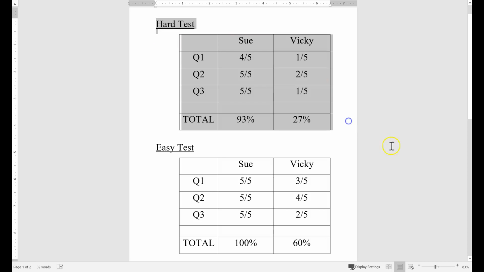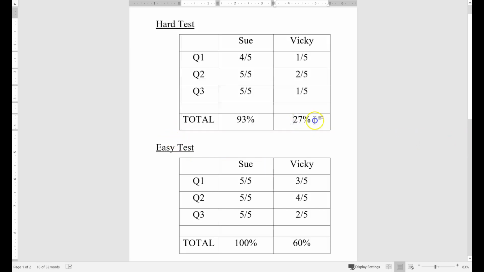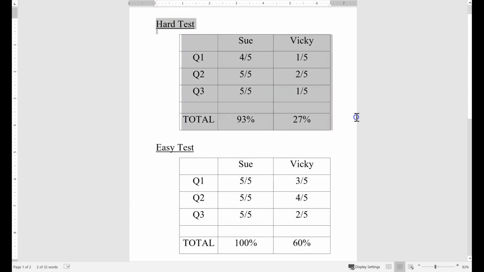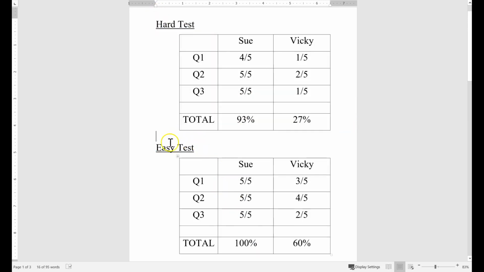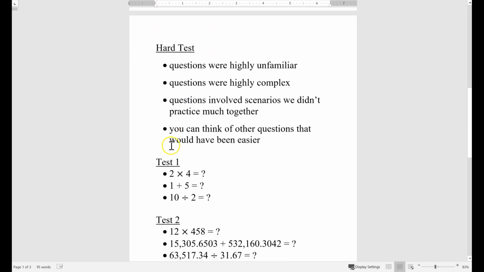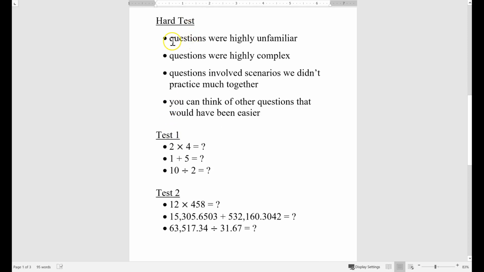If the test was really hard, if you think the questions were bona fide hard questions, just difficult, then it would make sense to give more bump, more grade increase to the weaker students and less grade increase to the stronger students. So how do you know if your test was hard? Well, I tend to reflect on the questions themselves, and I ask things like, were they highly unfamiliar?